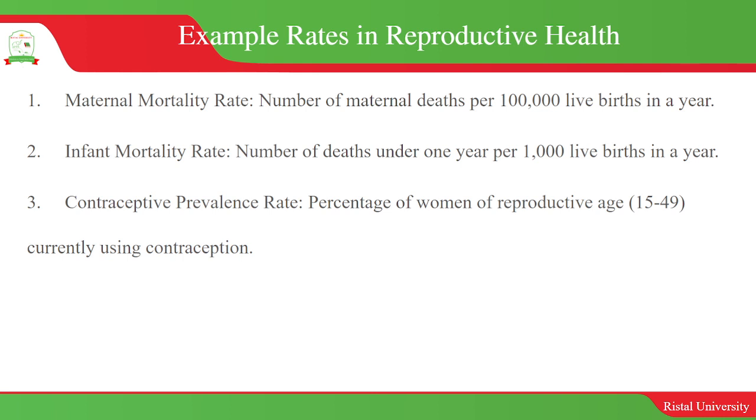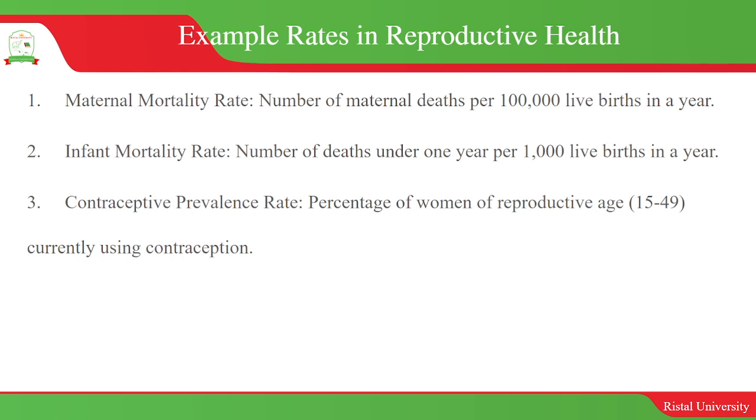So the number of maternal deaths per 100,000 live births in a year, that is the maternal mortality rate. Infant mortality rate, the number of deaths of children under the age of 1 per 1,000 live births in a year. You can see that a year is the time bit to it.